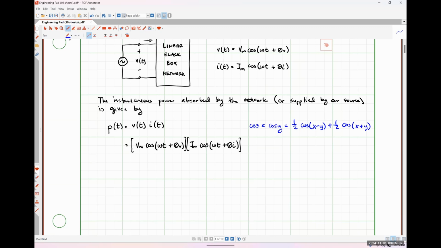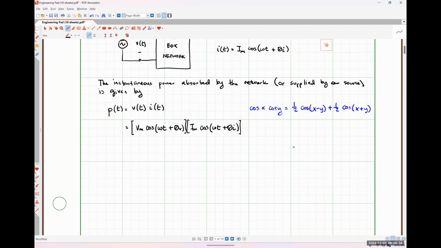So if I apply that trig identity, what I wind up getting is 1/2 the magnitude of the voltage times the magnitude of the current cosine. So let's look at things here really quickly. So omega t plus theta v minus omega t plus theta I, the omega t's are going to go away, and we're only going to have a difference of the phase angles.